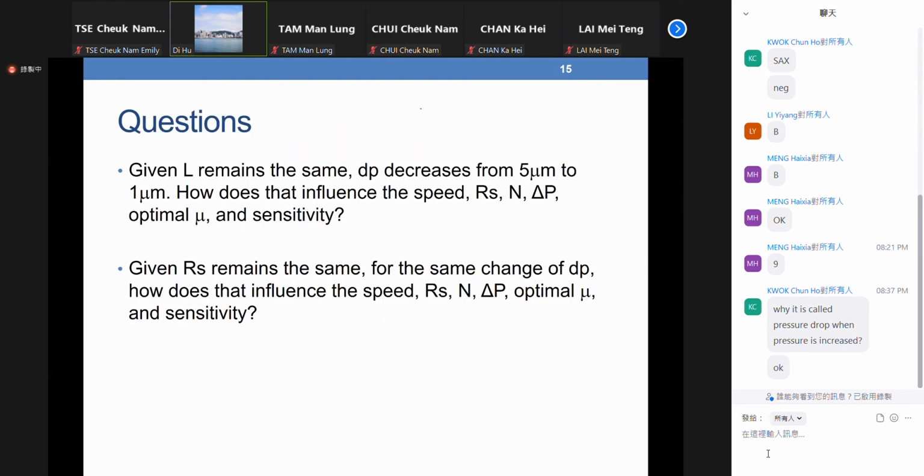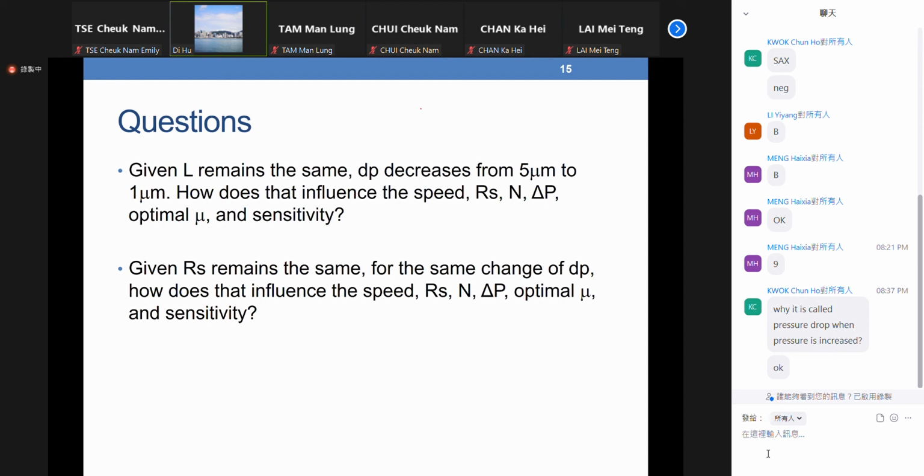Now a question. How about you do that by yourself? I give you 2 questions. First, given the column length L remains the same, the particle diameter decreased from 5 micrometer to 1 micrometer. How does that influence the speed, resolution, efficiency, pressure drop, optimized linear flow rate, and sensitivity?